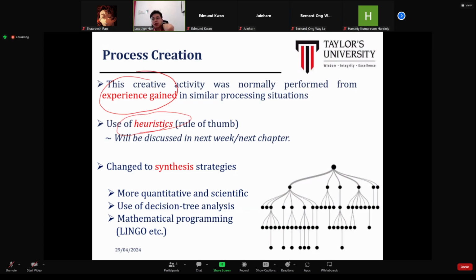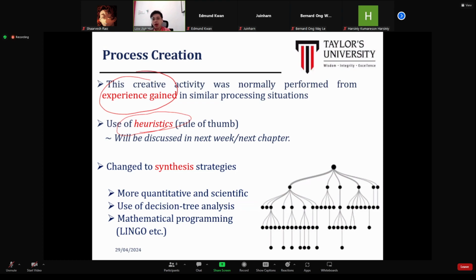Heuristic means the expert, professional, or experienced chemical engineer lists out all their experience, in point form or table form, as a reference to support us in making our decision in our chemical plant design.